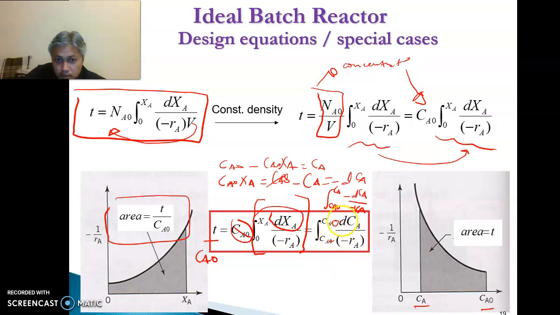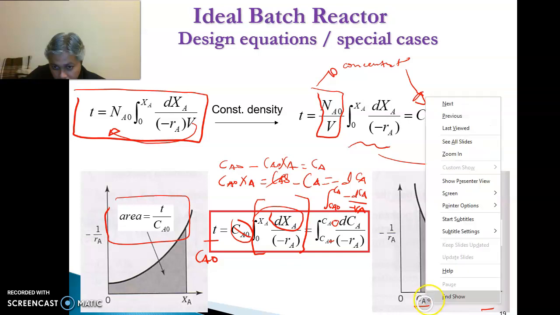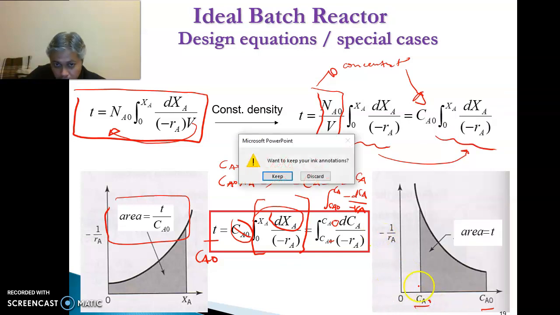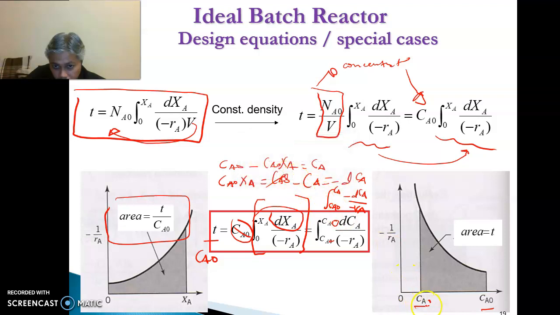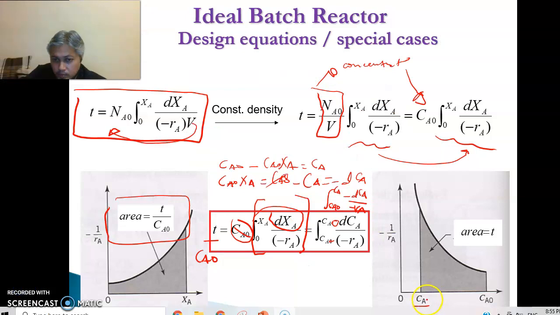So we have omitted this negative sign. Here as well, ca naught is the initial value, so it is lesser than ca, so it will become ca naught here, this is ca.